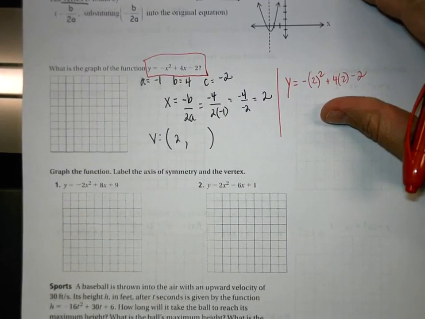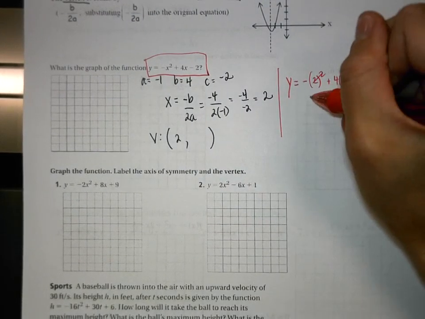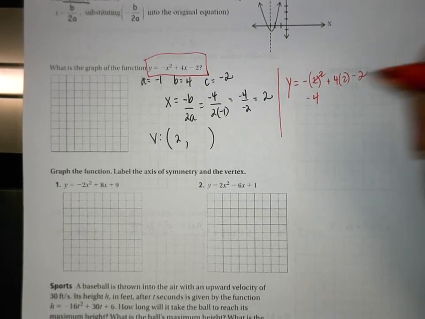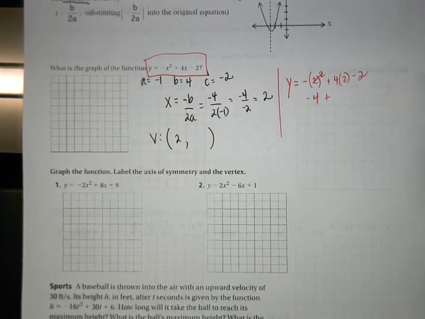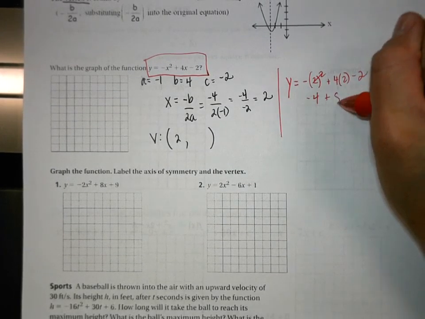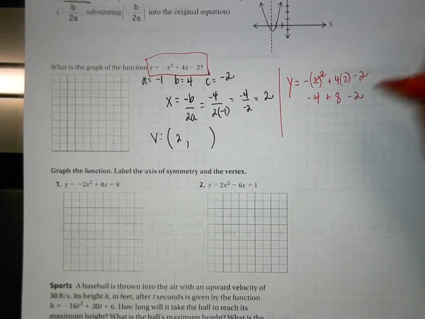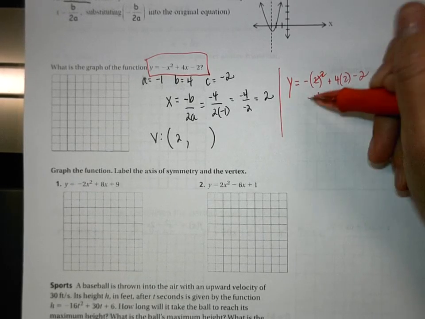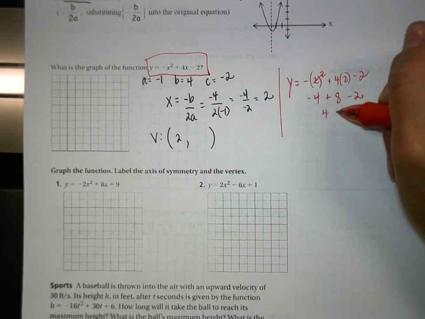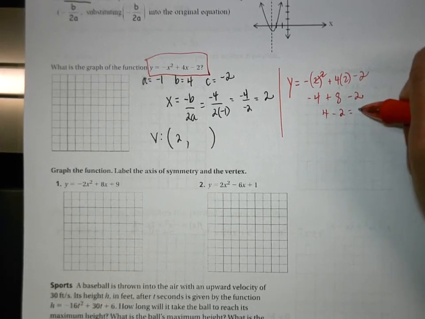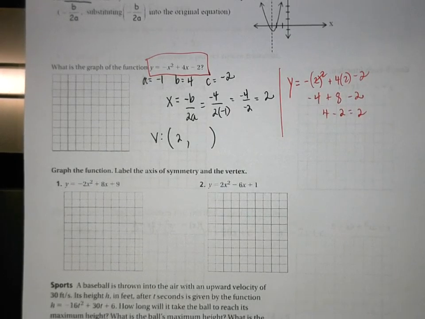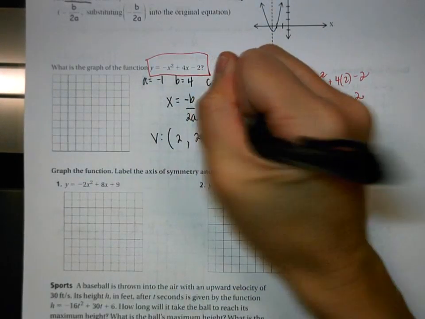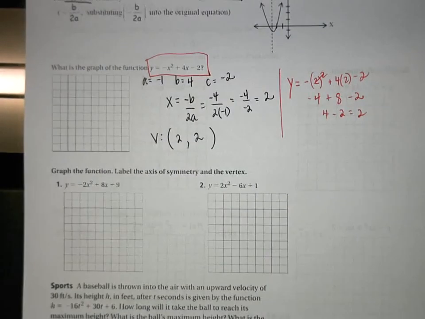And so 2 squared we just said was 4, so I end up with negative 4, plus 4 times 2 is 8 minus 2. And then negative 4 plus 8 is 4, and 4 minus 2 is 2. So that means my vertex is 2, 2.